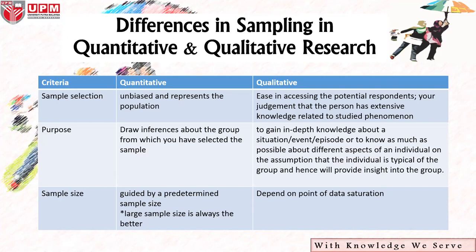So then we can say that our data already saturated, therefore we can stop the data collection. Faham? Is it clear? Clear tak? Apa itu data saturation? Clear. Good. Okay.